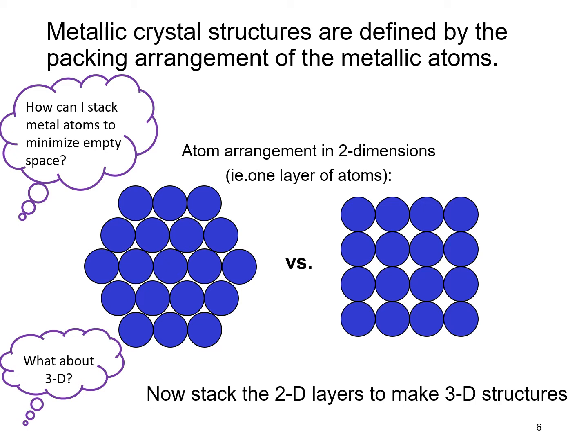However, could you not also shift the entire second layer over about half of an atom and down about half of an atom, and then each atom would nestle down into the space between them?